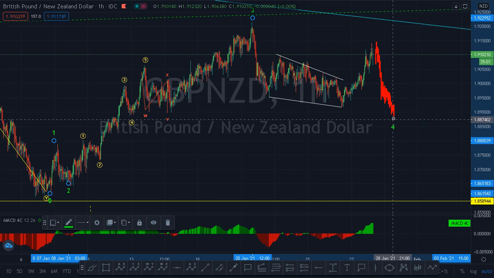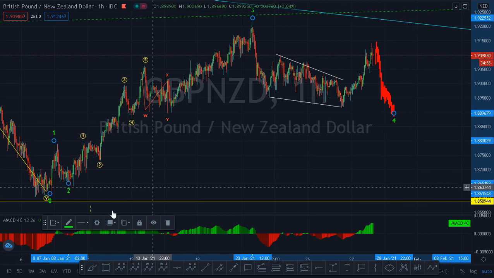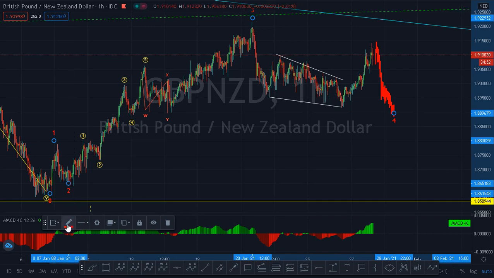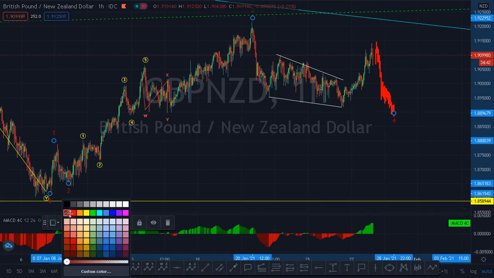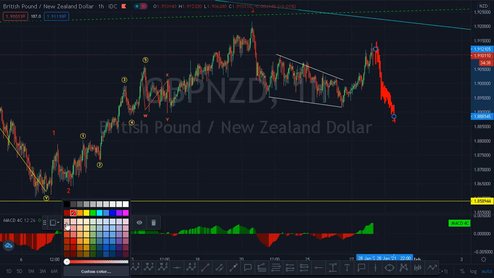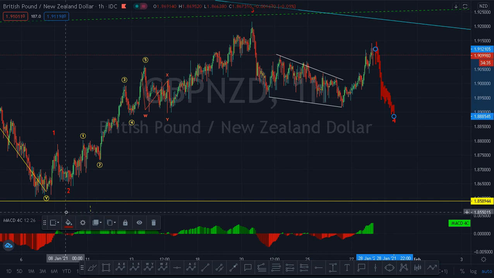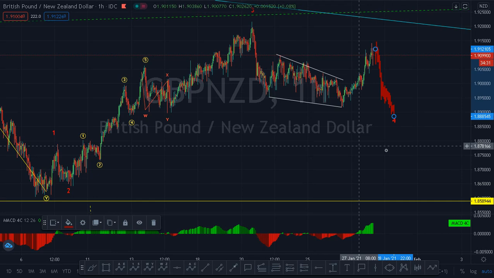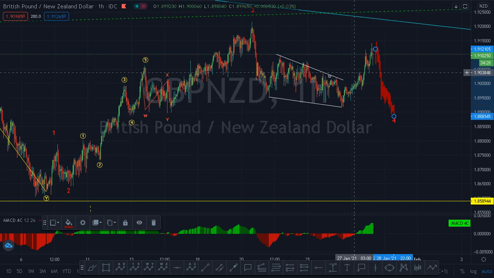I need a sharp drop, because wave A and wave C are always the same pattern. That's why I'm expecting a drop, because this type of move is not typical of a C wave.